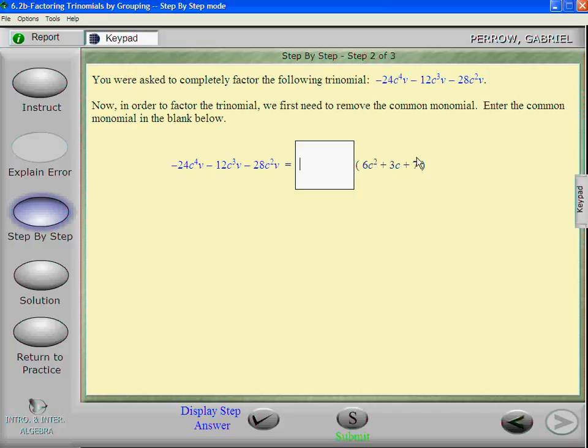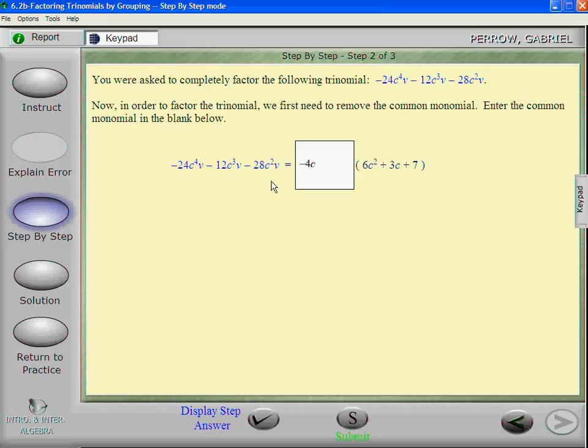Notice everything is positive in here, so yeah, I'm definitely pulling out a negative value. And in addition to that, greatest common factor between these, 12, 24, 28. It's looking like the 12 doesn't work with this guy. Other factors of 12, 6 would not work with 28. 4 would work with all these guys. So you can talk through based on the factors of the smallest number and see if they fit into these other numbers. Minus 4, c squared.